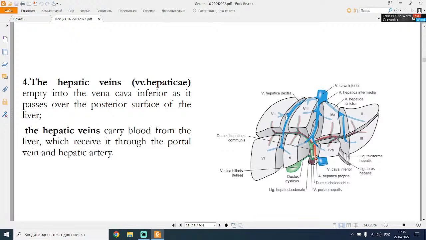The hepatic veins carry blood from the liver, which receives it through the portal vein and hepatic artery. What do you see? Vena hepatica dextra, vena hepatica sinistra, vena hepatica intermedia drain into vena cava inferior.